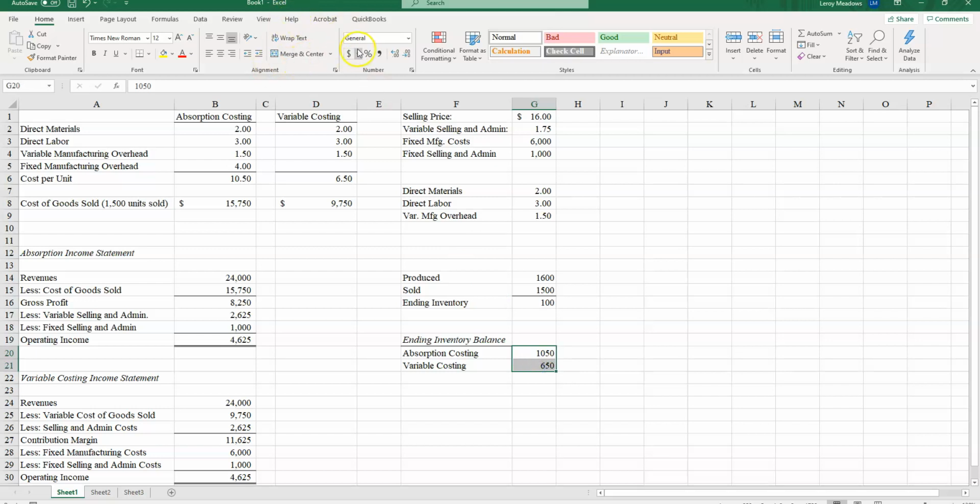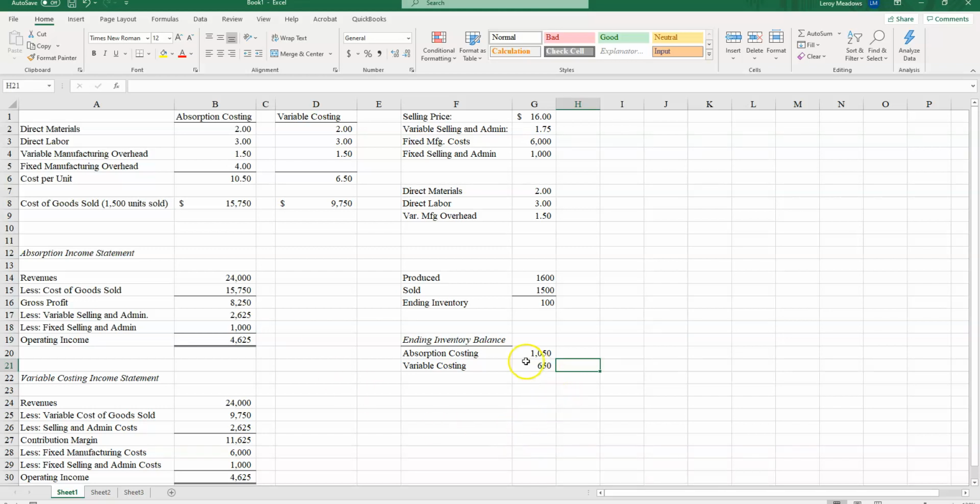So why do we have that change? Well, we have that difference because under variable costing, fixed manufacturing costs are going to be expensed in their entirety no matter what. Under absorption costing, because we're including fixed manufacturing costs in the cost per unit, we're only going to expense off the fixed manufacturing overhead associated with the unit sold. Remember, under absorption costing, the cost per unit is going to end up on the balance sheet, and then we only expense off what's cost of goods sold, or the number of units we sold as cost of goods sold.